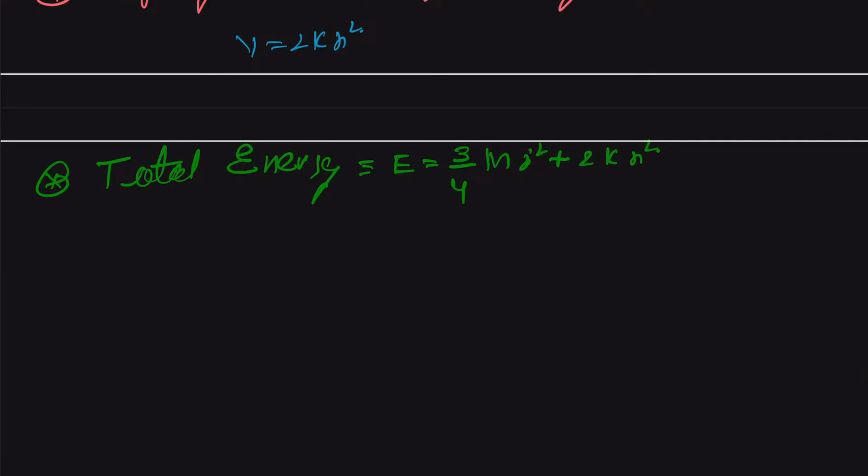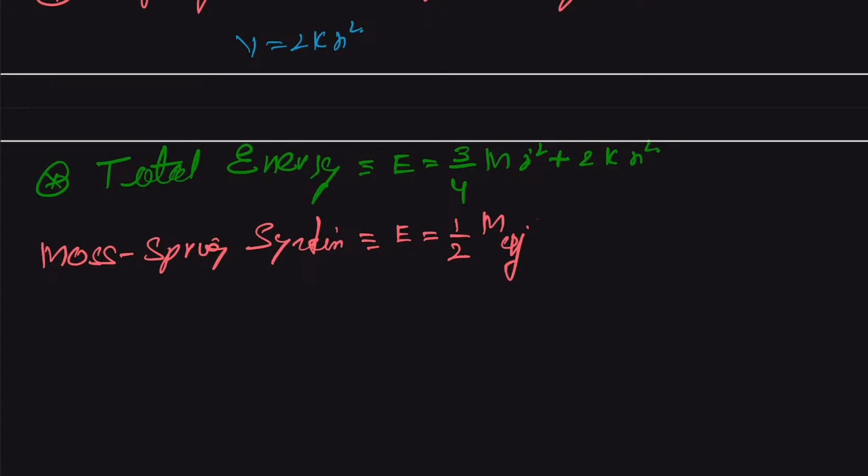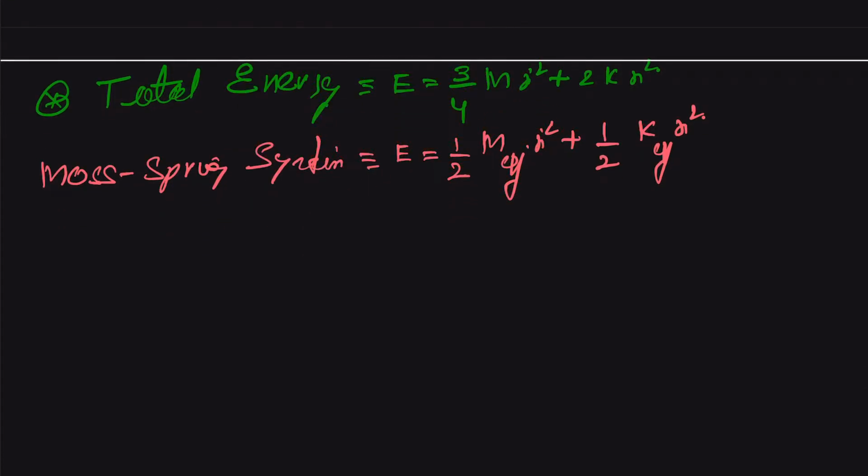And we can make a comparison once again with the mass spring system. We have the mass spring system, and that is E equal to 1 by 2 mass effective x single derivative square plus 1 by 2 spring constant effective times x square. So we make a 1:1 comparison.